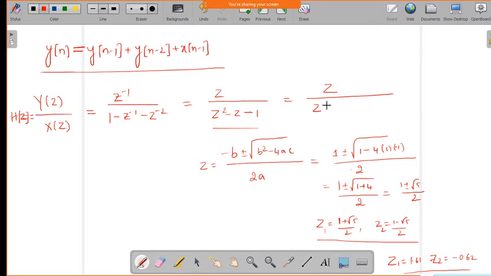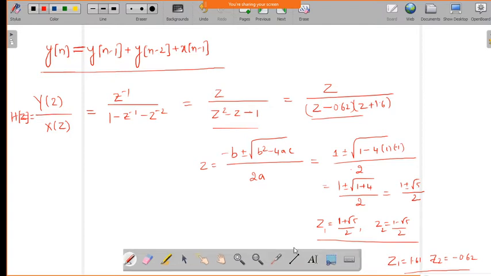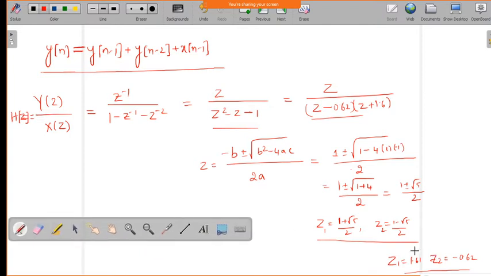So now these are the roots. Is it correct, whatever you are telling as roots? So are you getting plus 1.61 and minus 0.62?